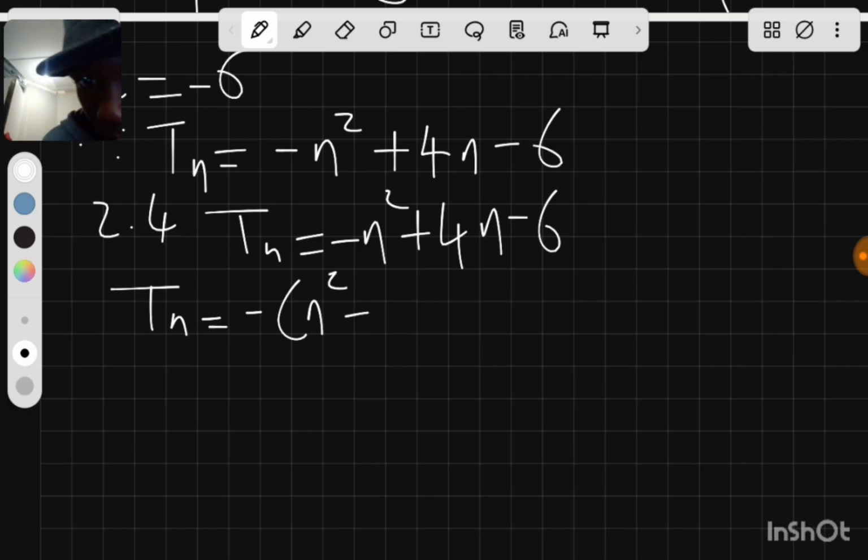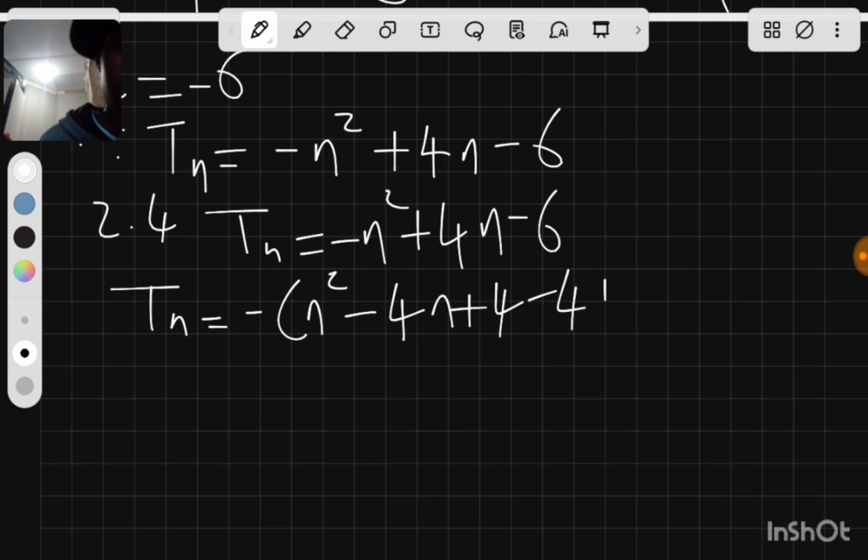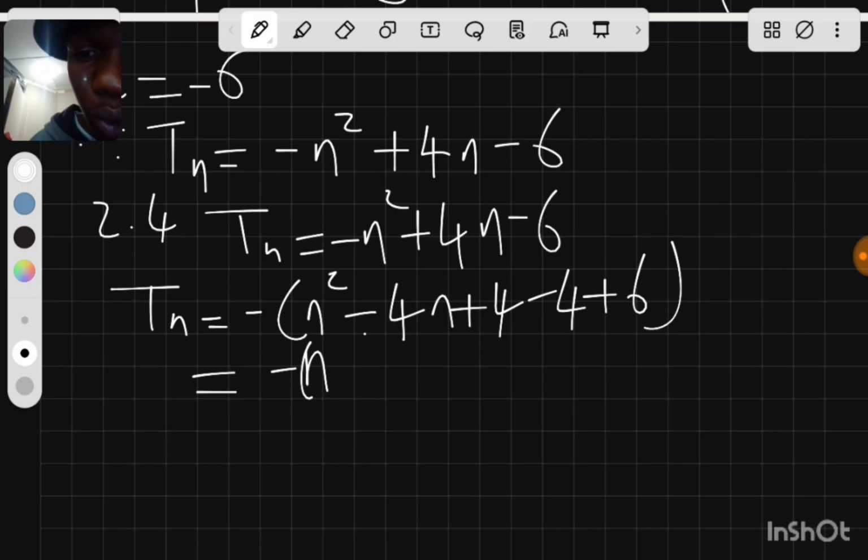Then we're left with minus 4n plus 4 minus 4 plus 6. So here we have minus into (n minus 2) squared minus 2.